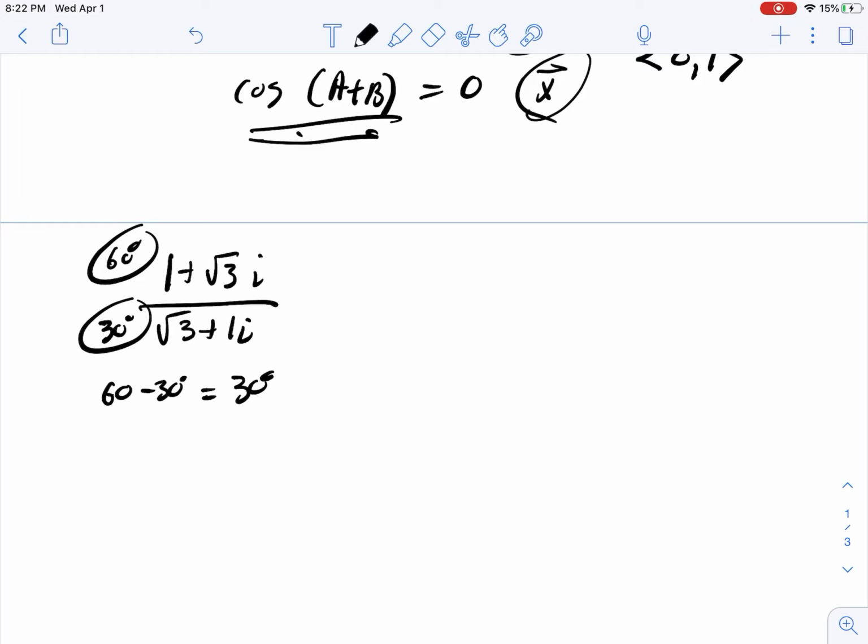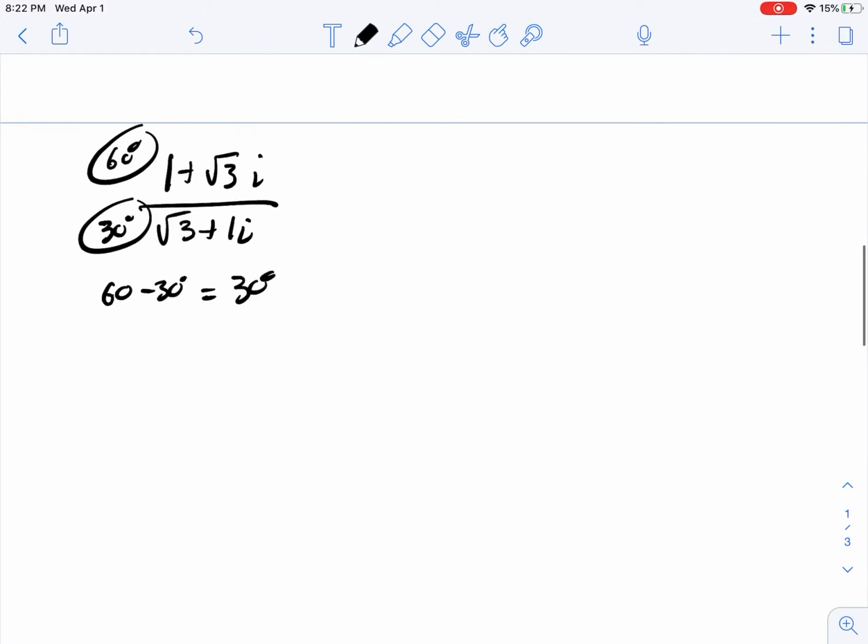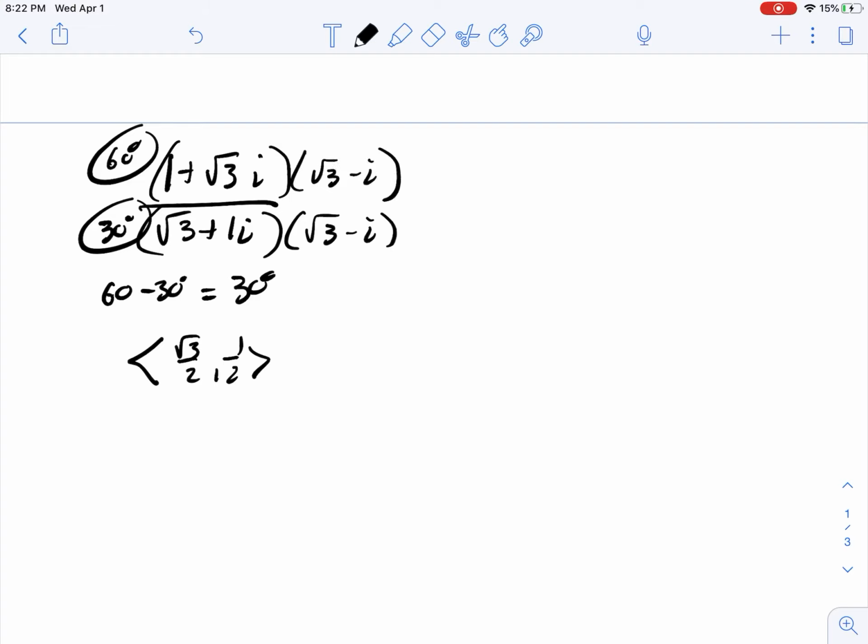Obviously 60 minus 30 gives me 30 degrees, so my components would be root 3 comma 2 and 1/2, like so. Let's go through and check this out. You have root 3 minus i on the bottom, so on the bottom I'd have 3 minus i squared. On top, I have root 3 minus i plus 3i plus root 3i squared.